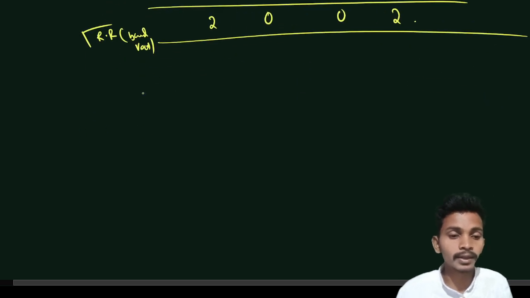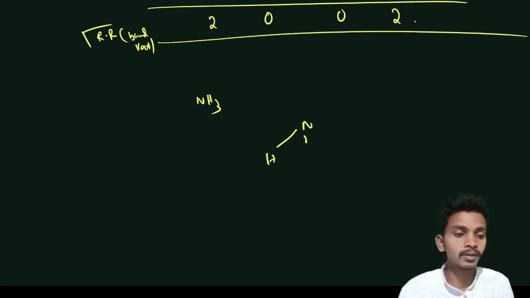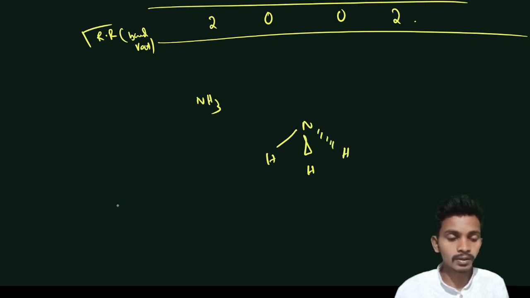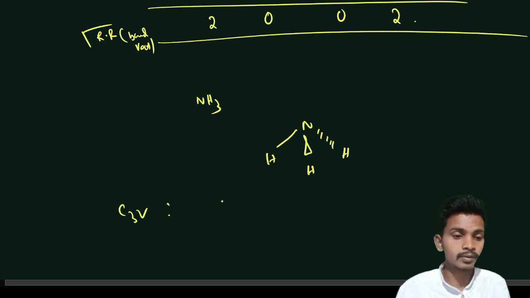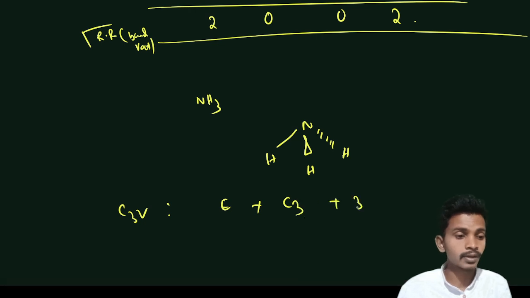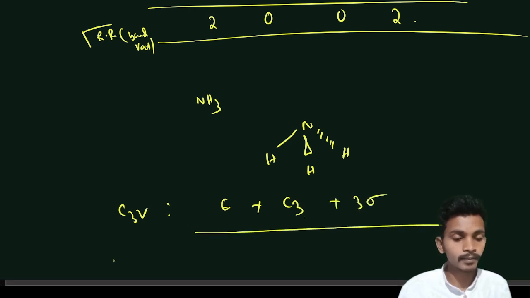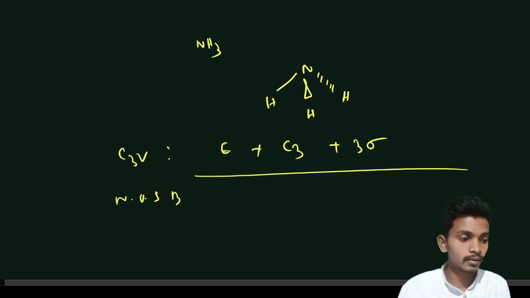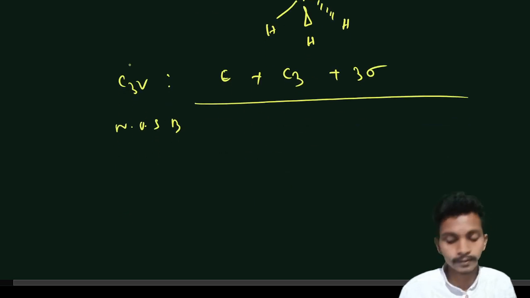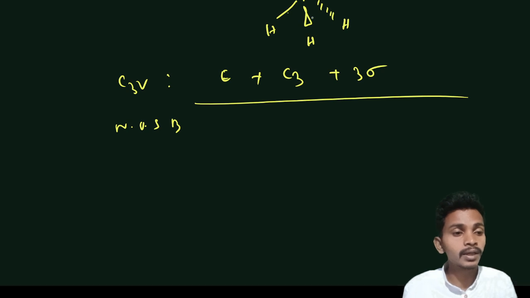Similarly, if you take ammonia, let's say this is C3v, this is E plus C3 plus 3 sigma v. The number of unshifted bonds: what is there? For E, if we apply it, how many bonds are there? 1, 2, 3.